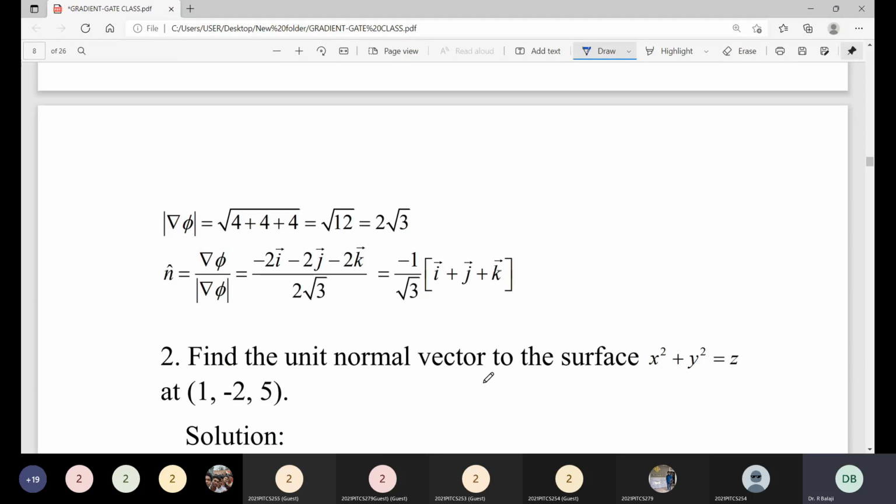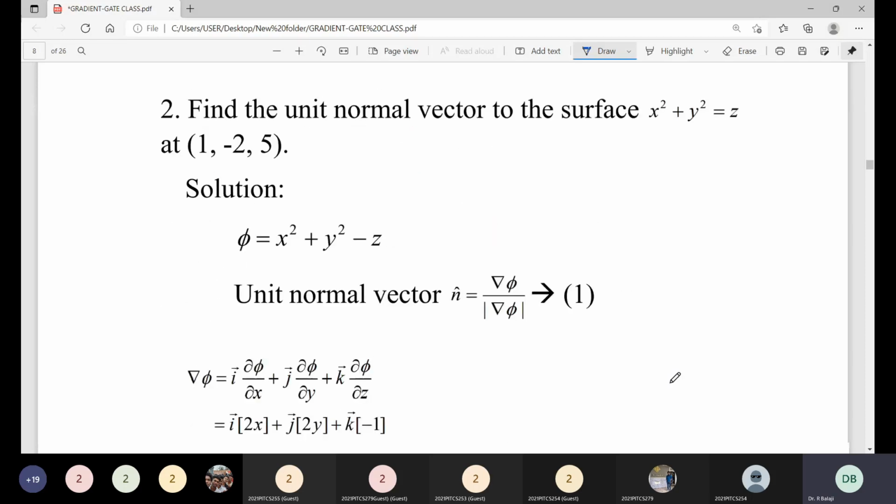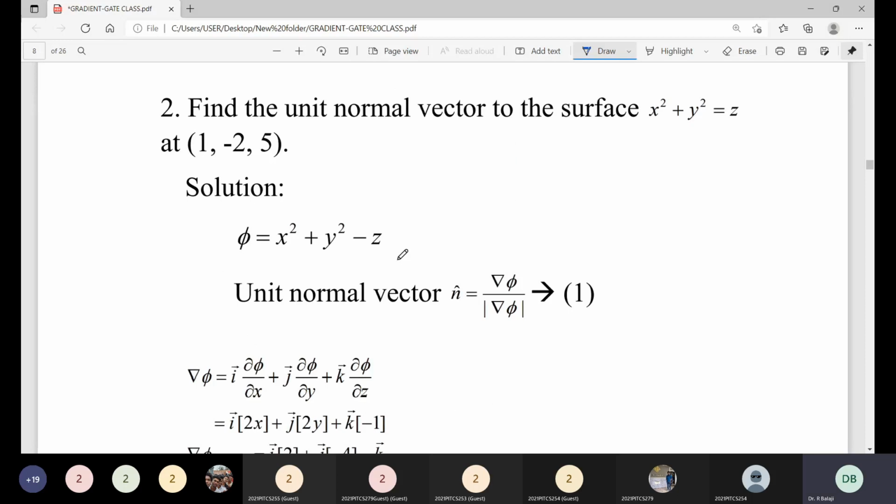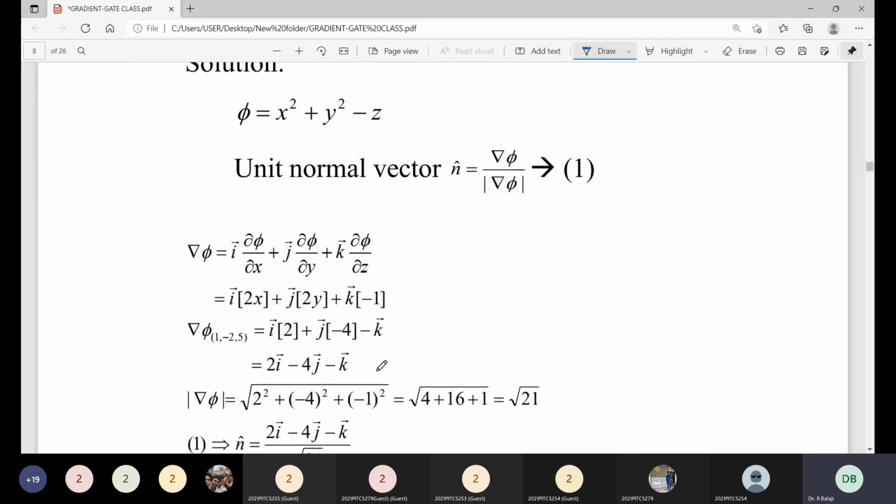Find the unit normal vector to the surface x square plus y square is equal to z at 1 comma minus 2 comma 5. Pi is equal to x square plus y square minus z. Then n cap is equal to del pi divided by modulus of del pi. So del pi is equal to i into dou pi by dou x. This is the formula.